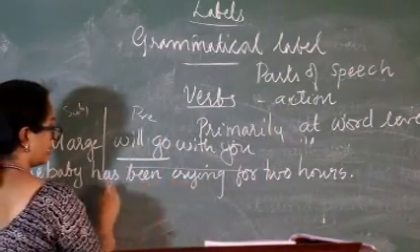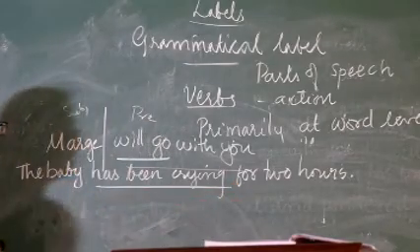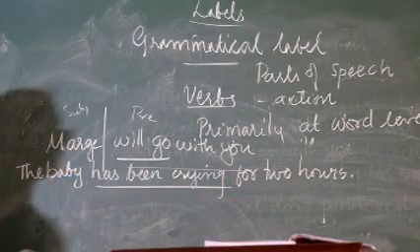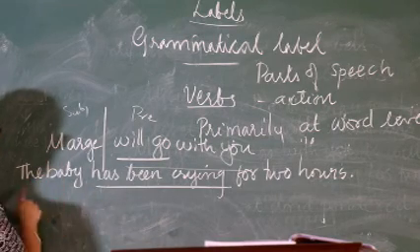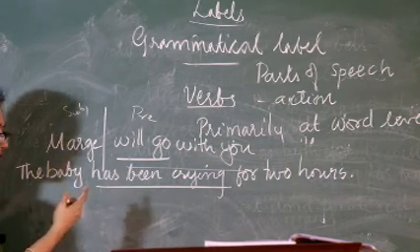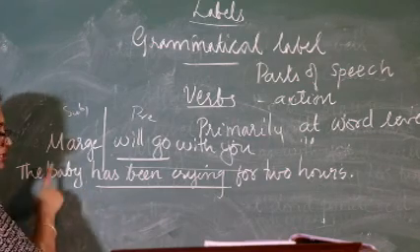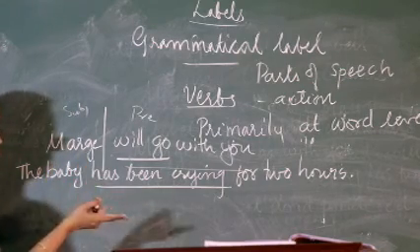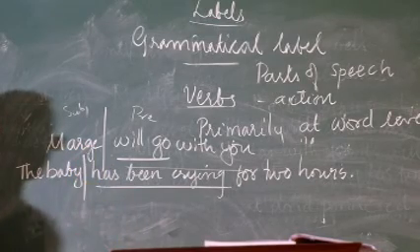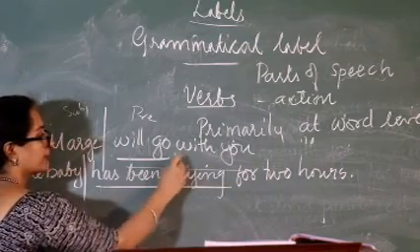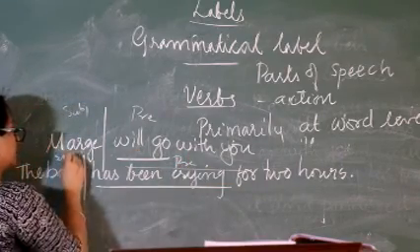"Has been crying" is the verb, right? Now how do you divide it into subject and predicate? Who is being spoken of here? The subject is the baby. Where is the verb? The first verb is "has." Put a divider just before the first verb, and there you get the predicate, and you have the subject here.